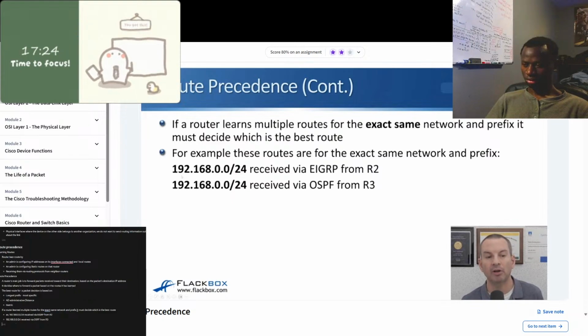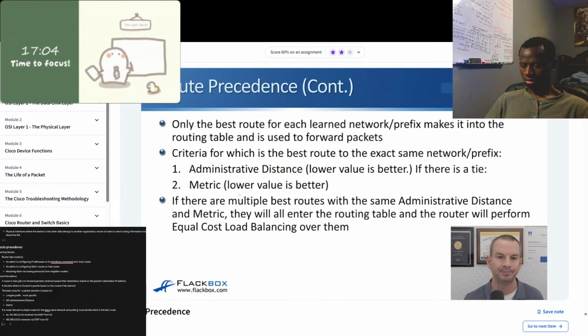If I'd received one route for 192.168.0.0/24 and another one for 192.168.0.0/26, for example, they would be different. So I'm talking here about when it is exactly the same network and prefix, and we're learning multiple ways to get to that exact same network and prefix.